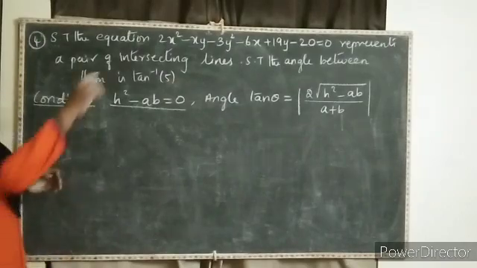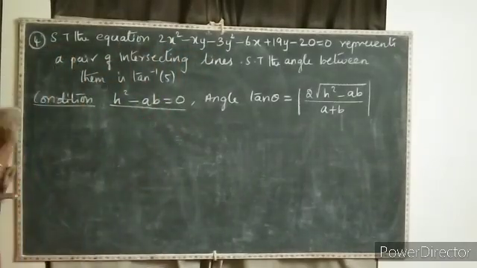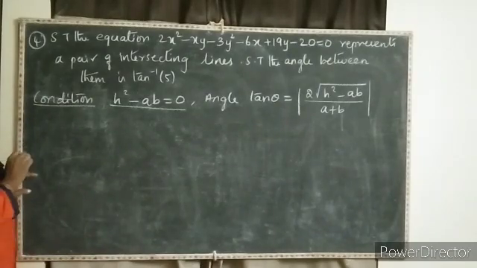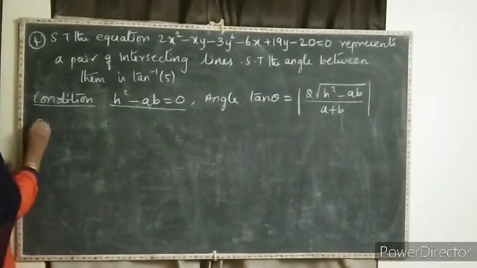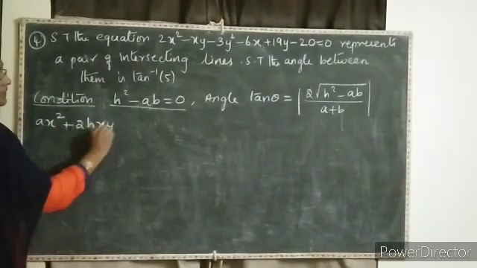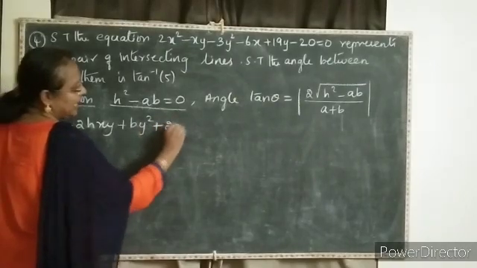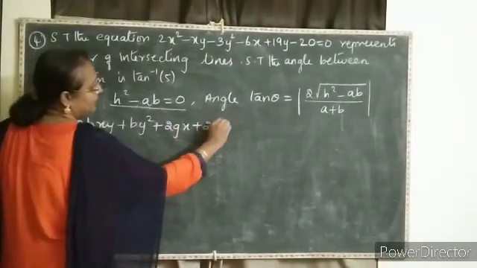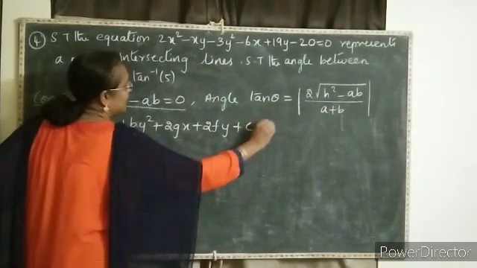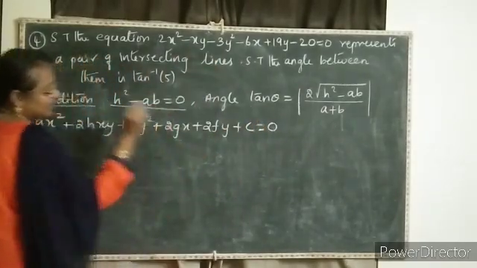Now the given equation has to be compared with the general form of the pair of straight lines equation, that is ax squared plus 2hxy plus by squared plus 2gx plus 2fy plus c is equal to 0. So I am going to compare this equation and this equation.